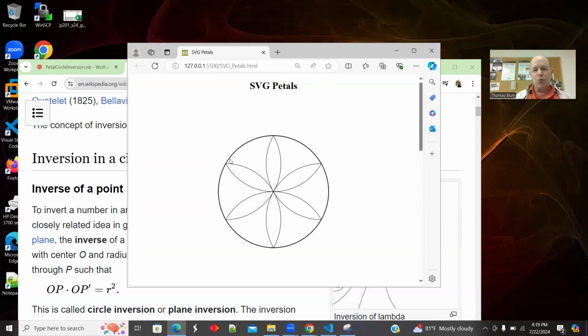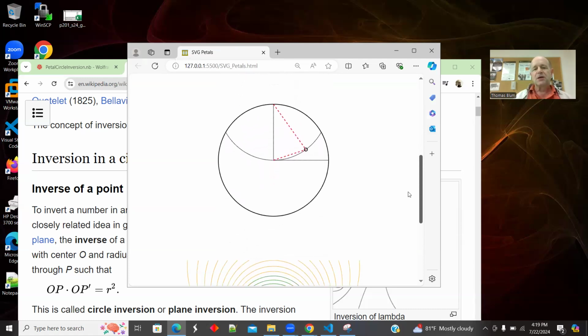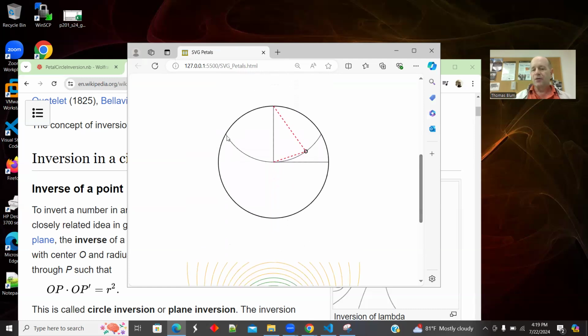And then I just took one of these arcs and drew it here. And then I asked myself, this arc is inside the circle, so if I invert it, what is it?